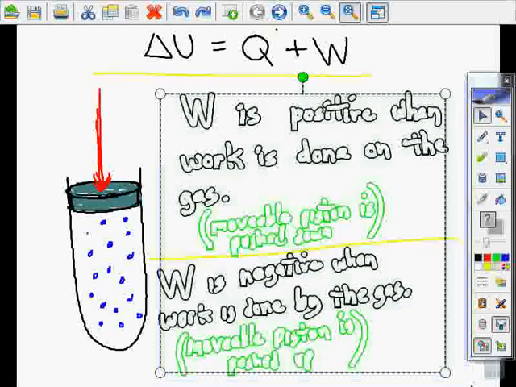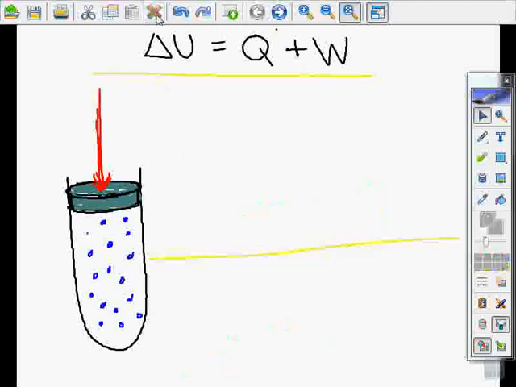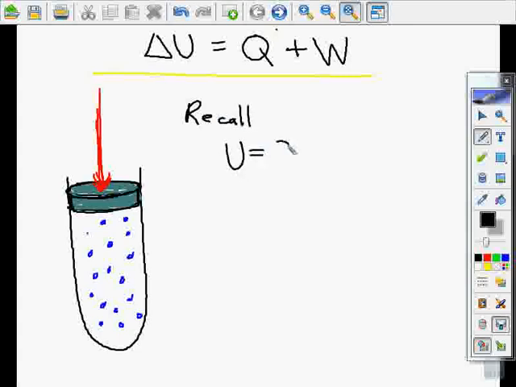So we talked about the heat, we talked about the work. Now let's talk about the change in internal energy. Recall, U equals 3/2 nRT.